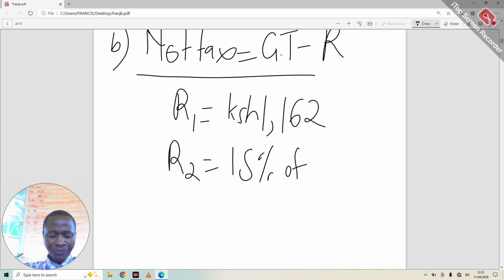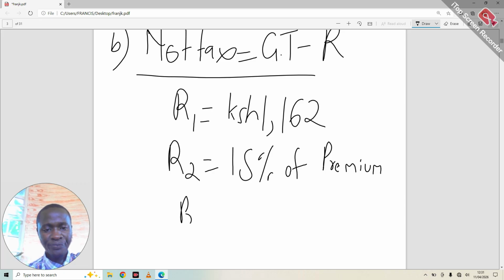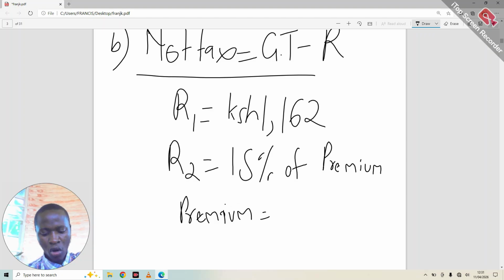And we're being told how much tax did he pay each month if he paid a monthly premium of 6,900 Kenyan shillings. So this one was 15% of premium, and in that month he paid a premium of 6,900 Kenyan shillings.